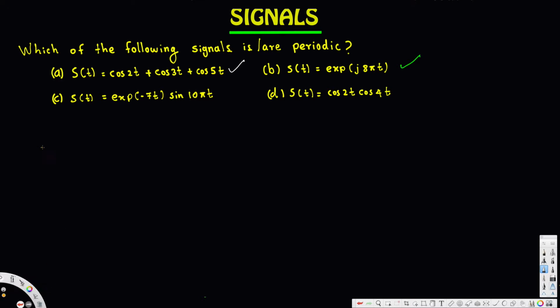The third one is s of t equals e to the power negative 7t times sine 10π t. This exponential is negative, so this is an exponential decaying function.